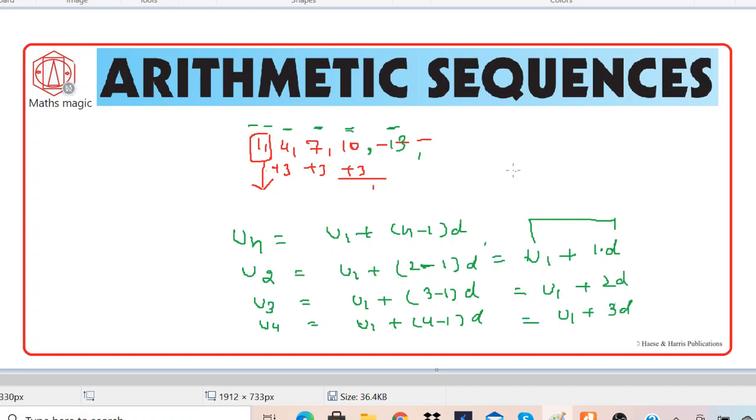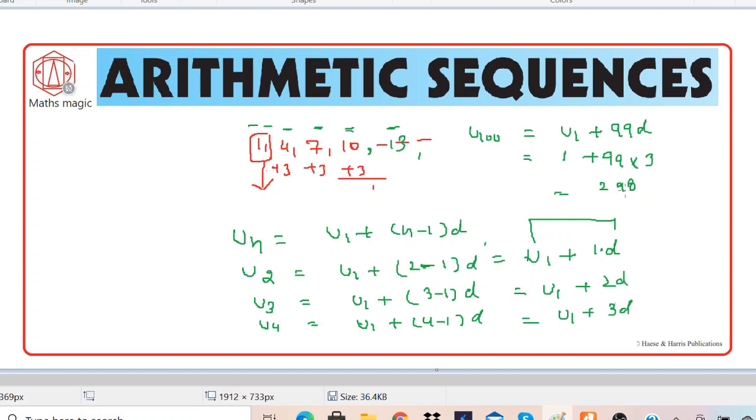As we were looking for the 100th term of this, instead of writing the whole formula, we can write this as u1 plus 99d by looking at this pattern. Now solve for the answer. So u1 is 1 and 99 into 3. You can see we'll get the same answer.